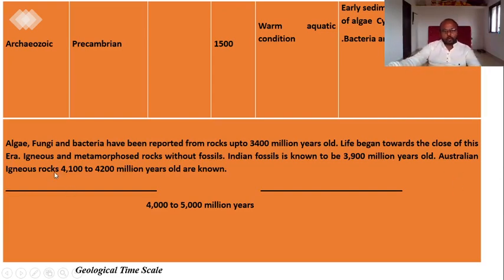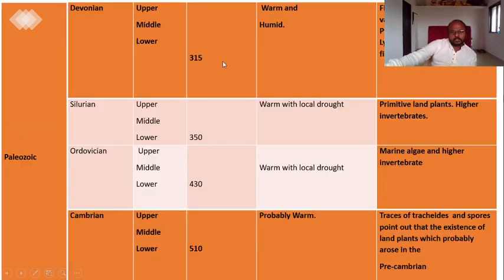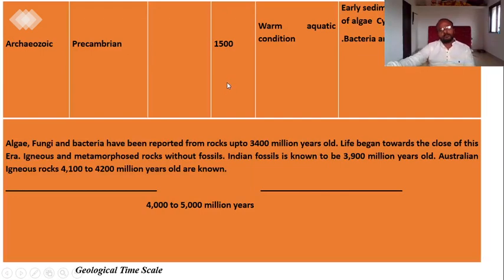The Australian igneous rock was formed 4500 to 4200 million years ago. This is the period before 1500 million years ago, and from 1500 million there is one small era created by scientists, called the Archaeozoic era.